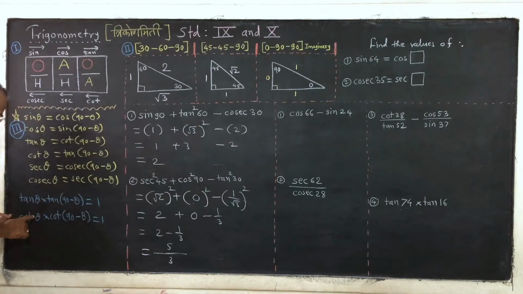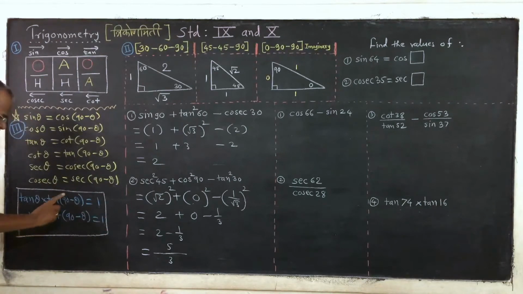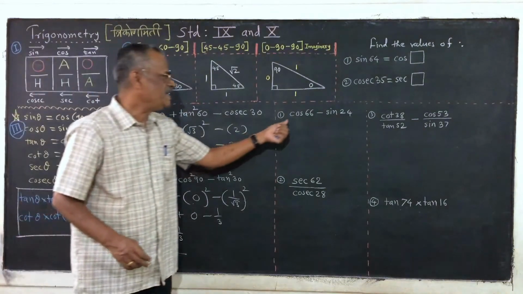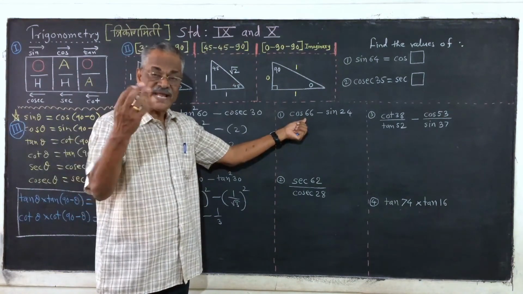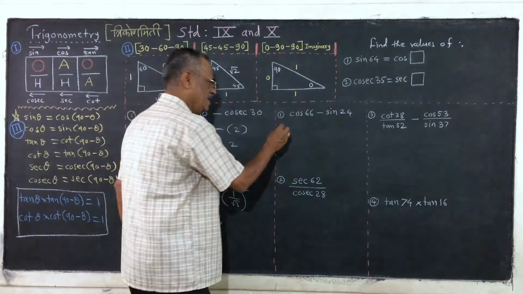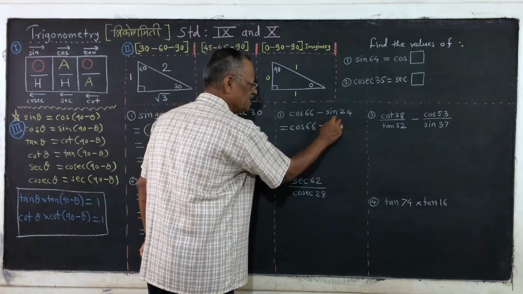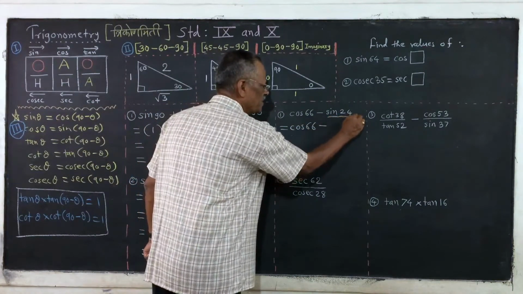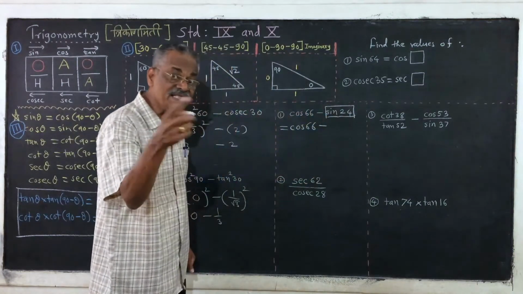And this is another group. What is that group there? Remember, tan of theta into tan of 90 minus theta is equal to 1. So definitely to calculate the value of this, use that 90 minus theta. Keeping cos 66 as it is, you can try to convert sin theta.